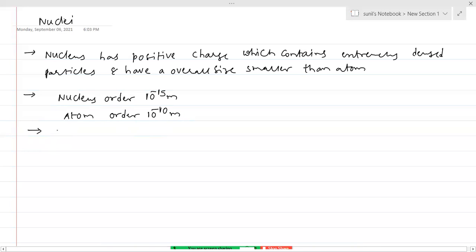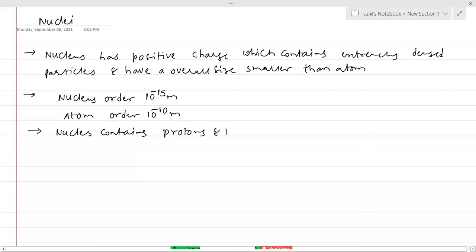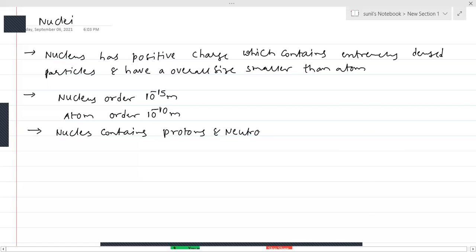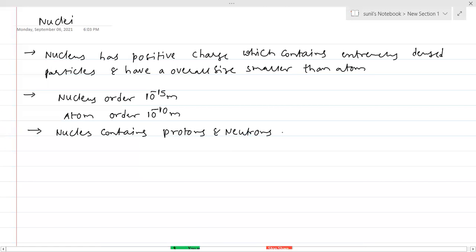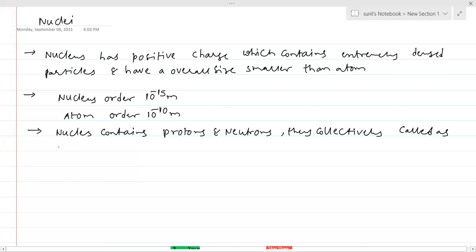So the nucleus contains protons and neutrons, and they are collectively called nucleons.